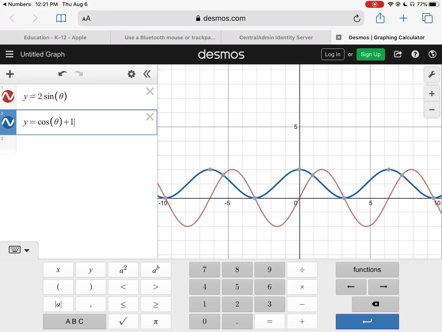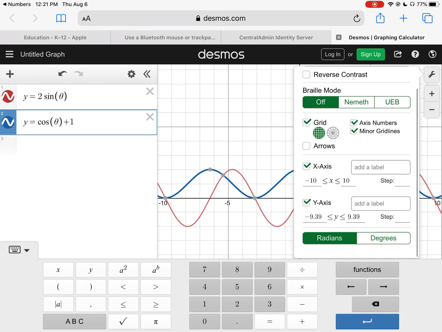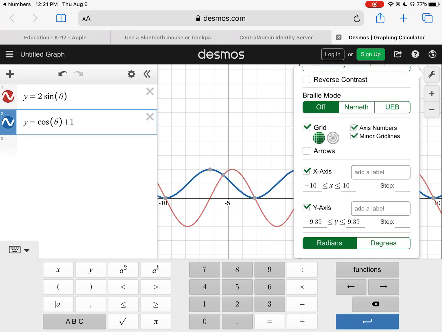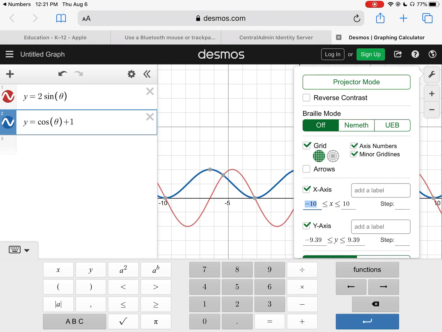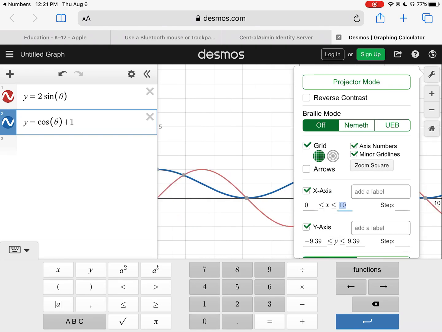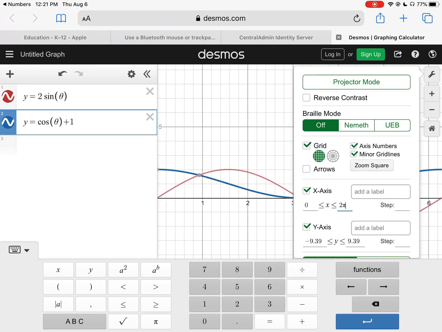All right, and I'm simply looking for the intersection of the two curves here, but only on the interval from 0 to 2 pi. So I'm going to go up to my wrench here, my settings. I'm going to make sure I'm in radian mode, and I'm going to change the x-axis to being from 0 to 2 pi.